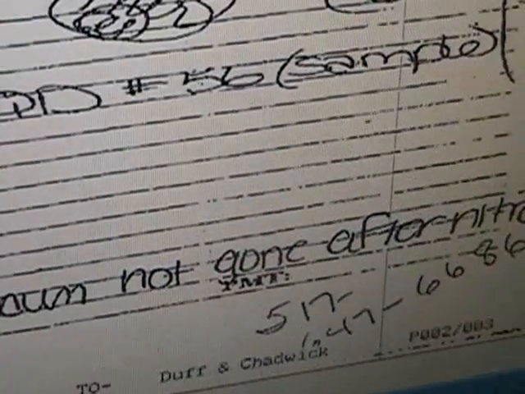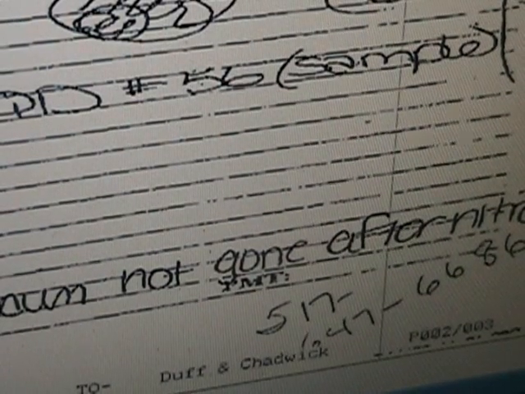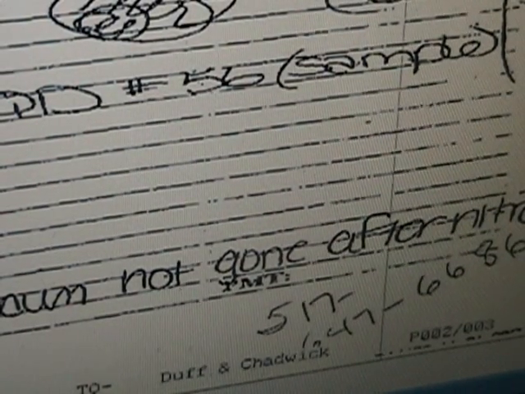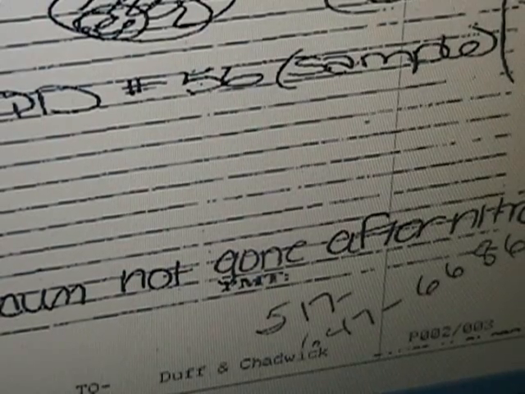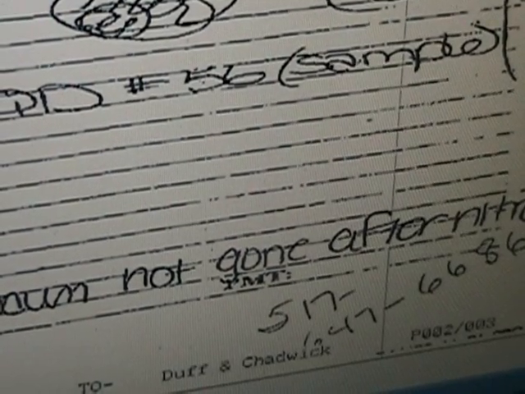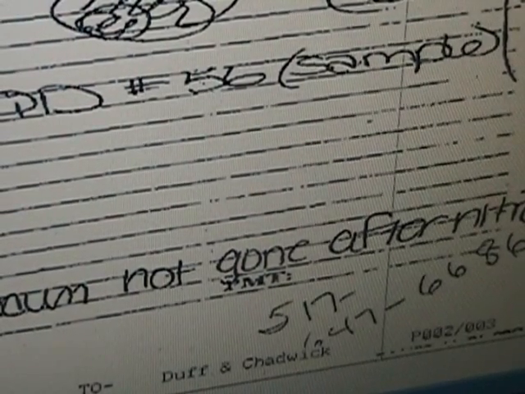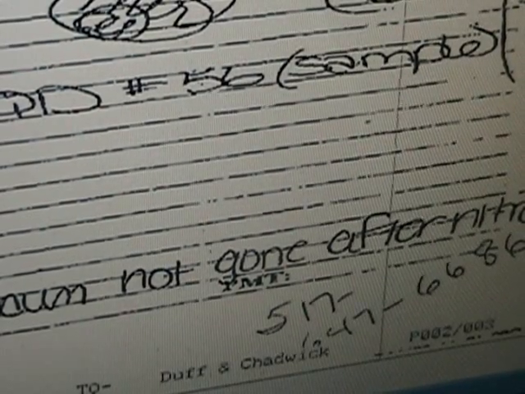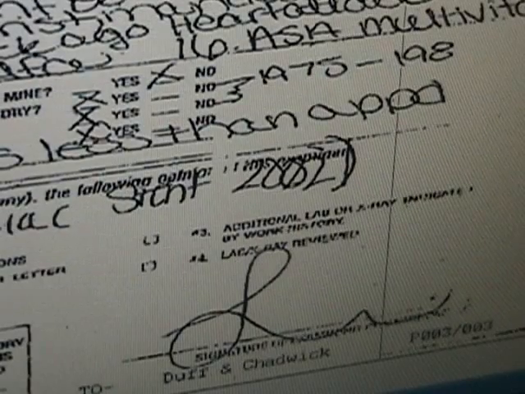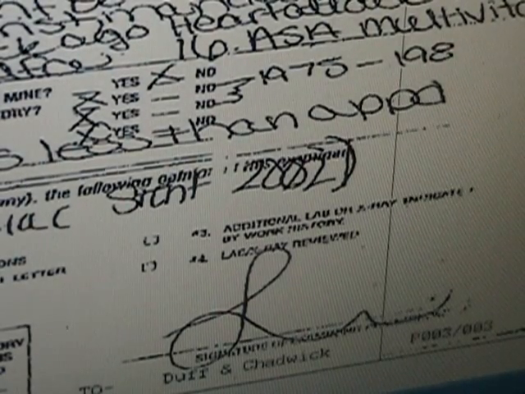Now, this is ambulatory care clinic. This is the doctor that DHS sent me to. And multiple arthritis, la-di-da, this, that, and the other. But here's the important part. The medical history.